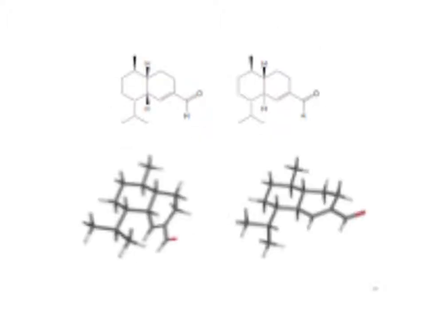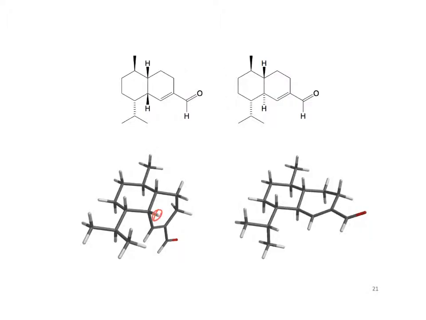Here's another example. When I was in grad school, I synthesized these compounds, and it made both the cis and the trans ring junctions. And so where I irradiated this one right here, I think this was H6, and this is H7 and H1.